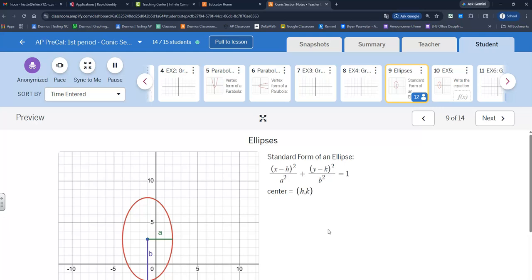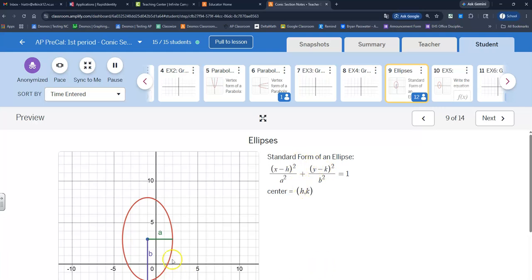And it really works a lot like a circle. In fact, if your A and your B are the same number, you'll get a circle here. So the center part works just like a circle. You got x minus h squared and y minus k squared.